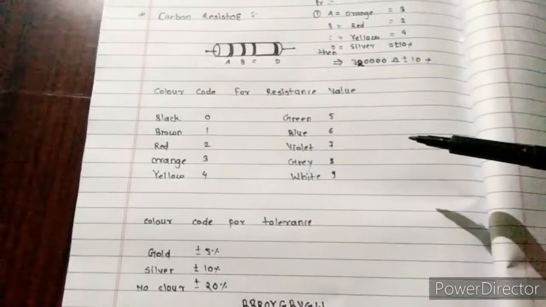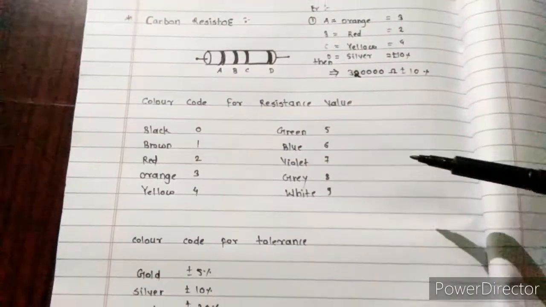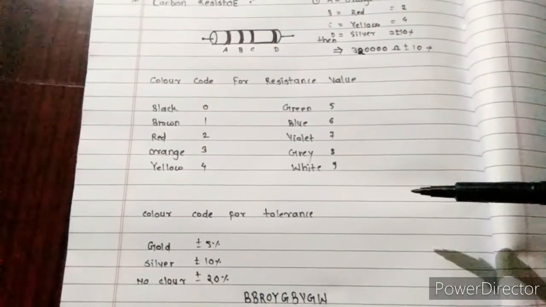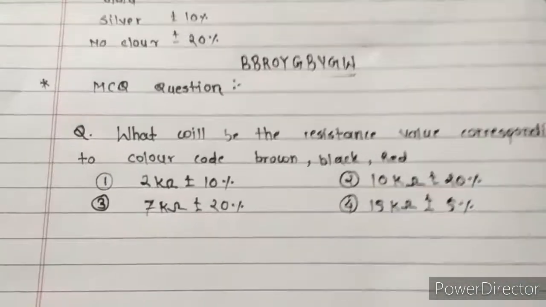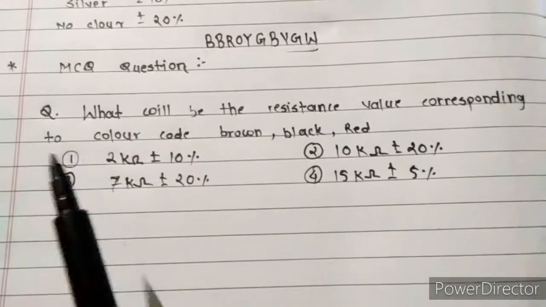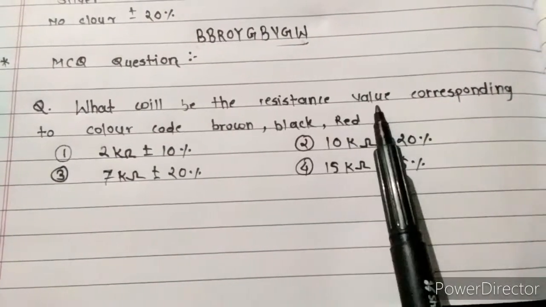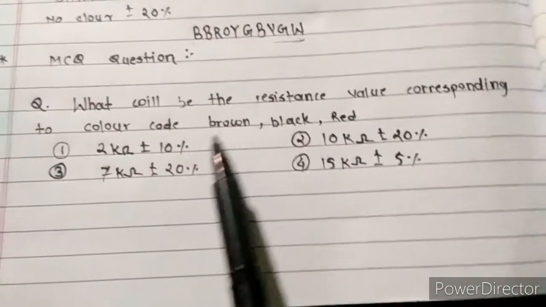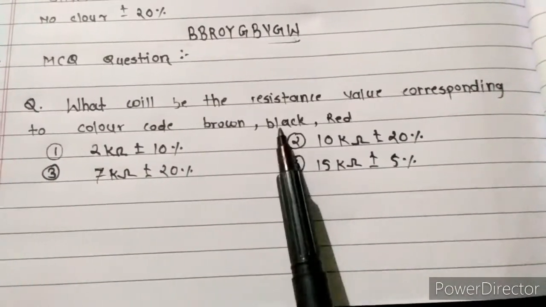Also, in competitive exams, MCQ questions are asked on this topic. A similar question: what will be the resistance value corresponding to the color code brown, black, red?